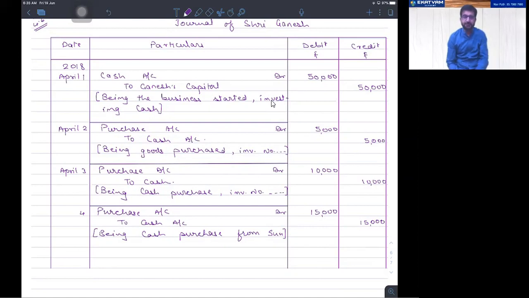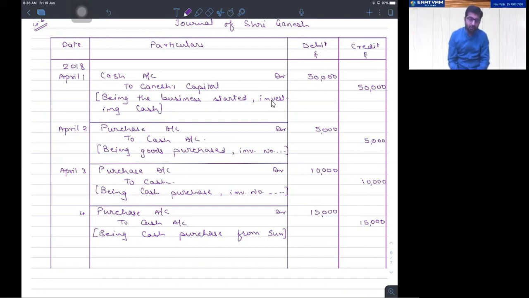That's why we say an account is basically a summary of different transactions related to the person or to the given activity. And therefore, here, as there are multiple transactions related to cash, related to purchases, we will be preparing one purchase account in which all the effects will be given. We'll be preparing one cash account in which all the debit as well as credit effects will be given. And then we'll be doing the ledger balancing of those accounts based on that.